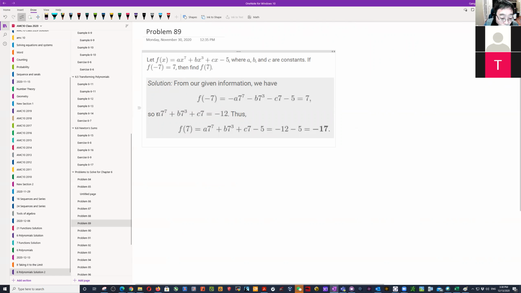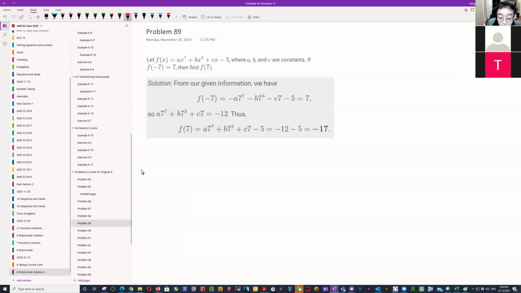So here, by changing the sign, it's going to equal -12.